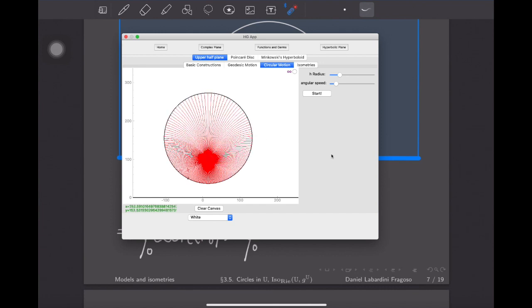And so you can already see the phenomenon that I mentioned earlier, which is that when one gets close to the real axis, the motion is Euclideanly slower, and when one gets away, it gets faster.